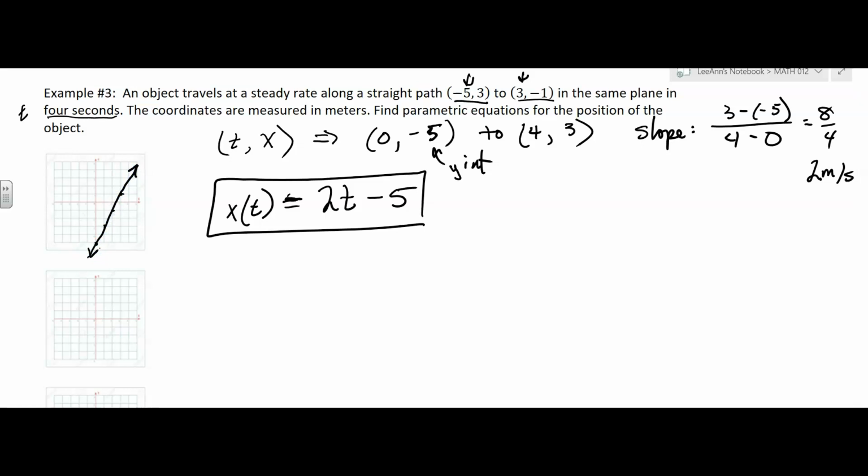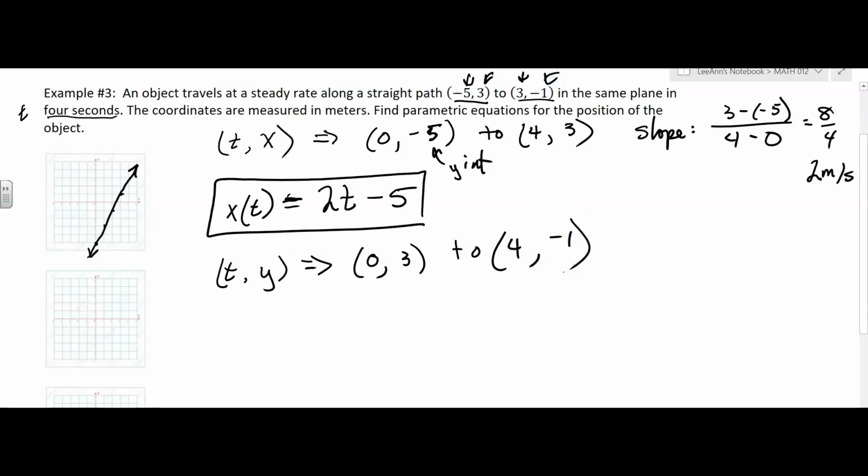All right, now we're going to do the same thing for y. So we're going to say, what happens to the y value based on time? We know when there's 0 time, the object's starting, it's got a y value of 3. And it's going for 4 seconds, and then it winds up at -1. Now these are nice because they're linear.